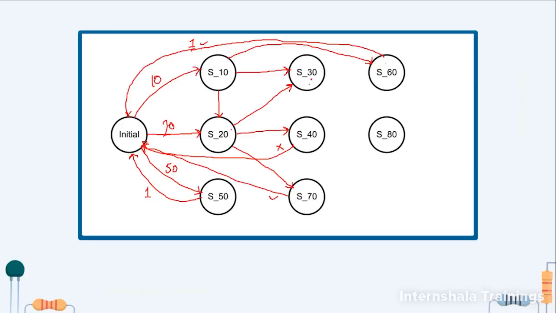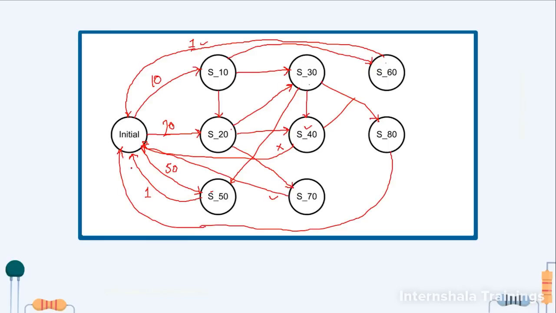If we are at 30 now, from 30, if we add 10, we go to 40. If we add 20, we go to 50. If we add 50, then we go to 80. Now you can see that 40 and 50 are already going back to S initial, and 80 will also be back to S initial.